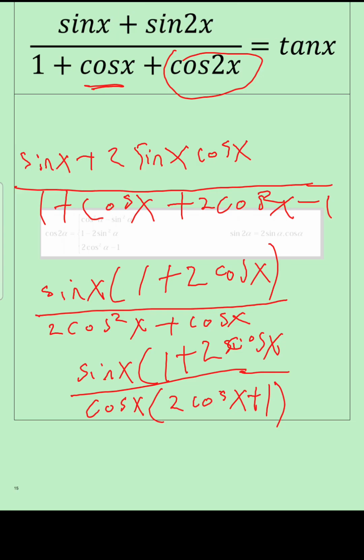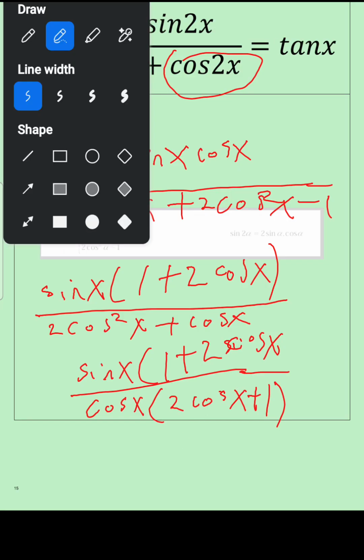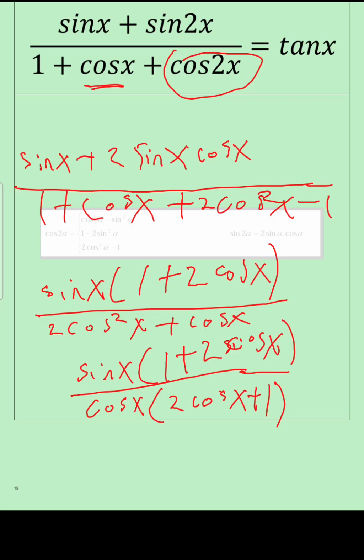And this cancels. You're left with sine over cos. Tan x.